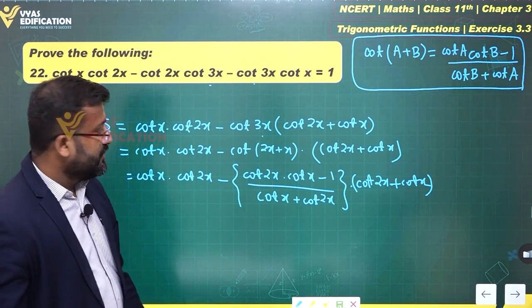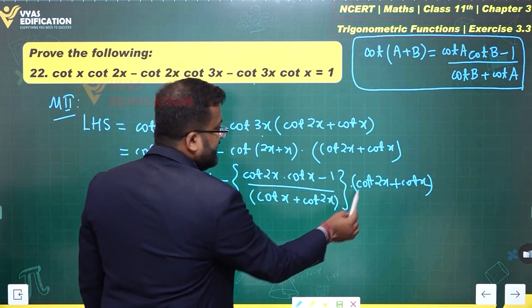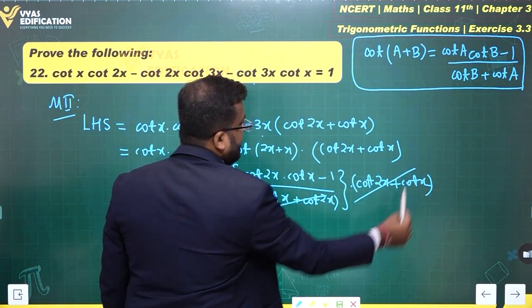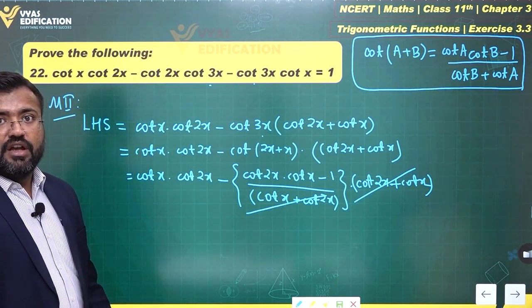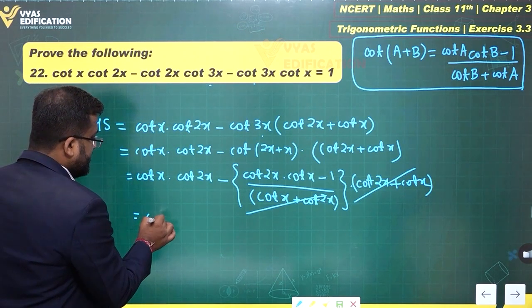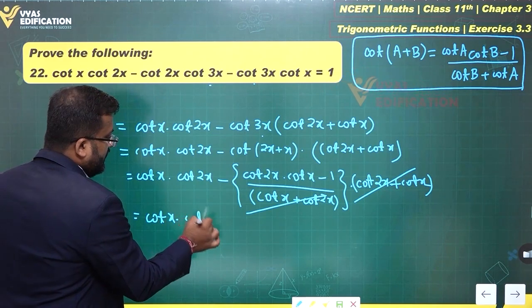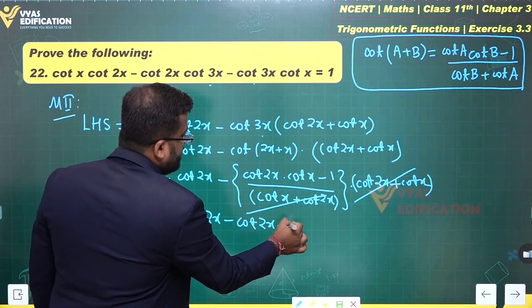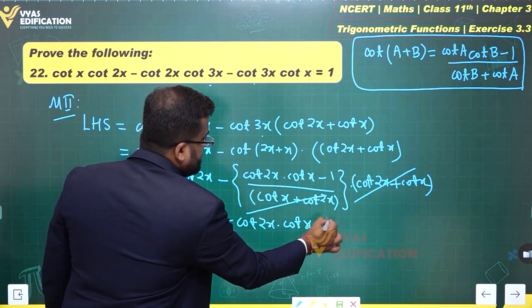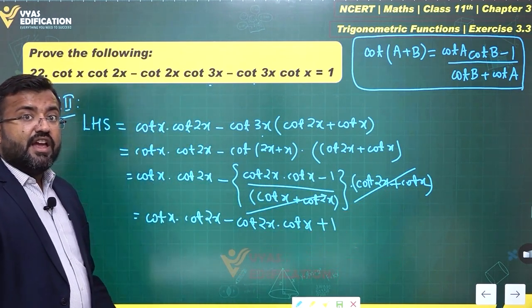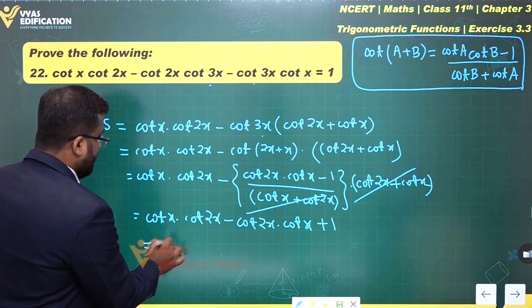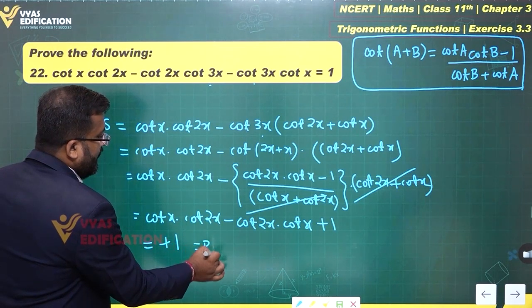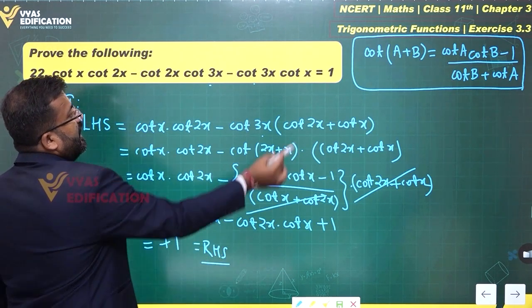So in multiplication, I see this bracket and this bracket, these terms will get cancelled. That's the same. What else remains is cot x times cot 2x minus cot 2x times cot x, and minus minus becomes plus, this becomes plus 1, and you observe that these two terms get cancelled, and what you get is plus 1, which is equal to the RHS.